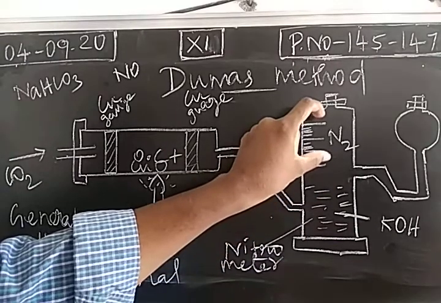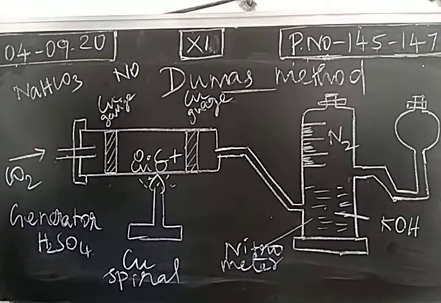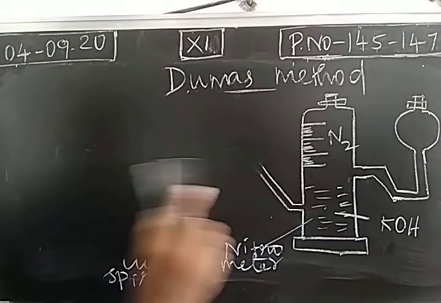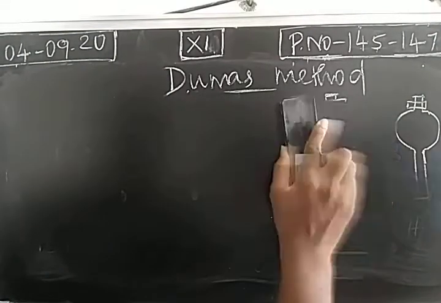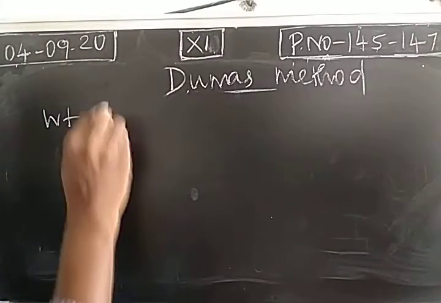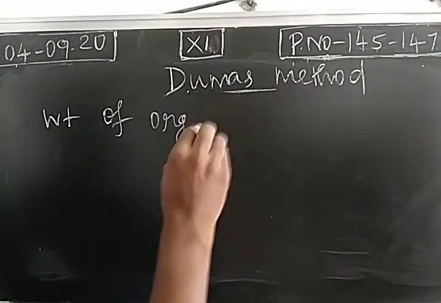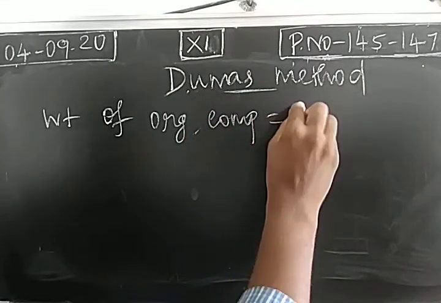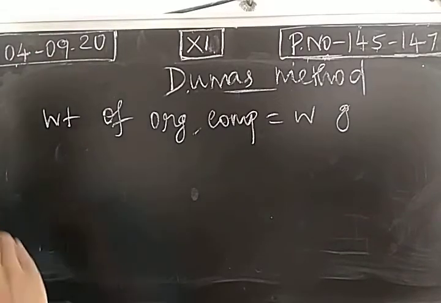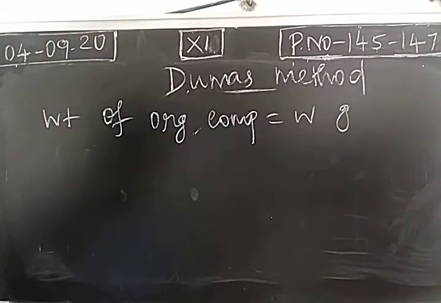Now, based on how much nitrogen gas is formed, we can calculate the percentage of nitrogen. So this is the experimental arrangement and the experimental procedure. The weight of organic compound is taken as W gram. Next, nitrogen gas is liberated in the Dumas method.